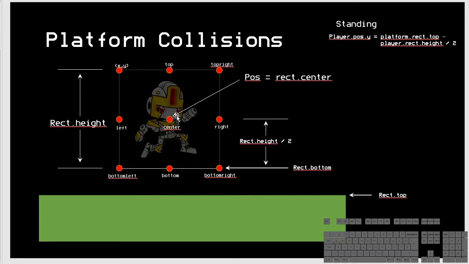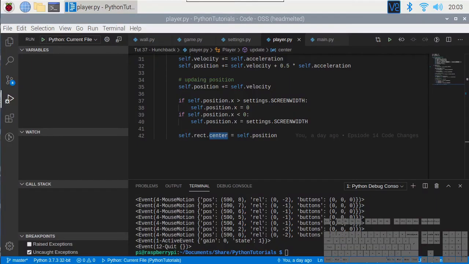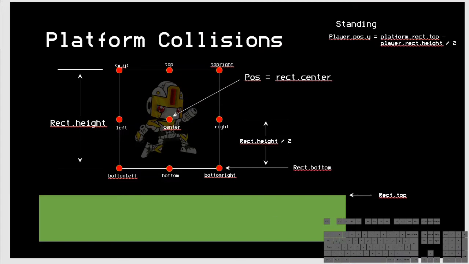We're setting our position on the X, but the rect dot top needs to line up with there, but we're lining it up with that, and so we end up with, as you can see, the sprite halfway down into the wall.